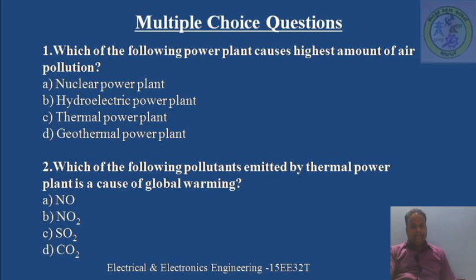Among these, which causes global warming? Nitrous oxide, nitrogen dioxide and sulfur dioxide are harmful pollutants. But carbon dioxide we call a greenhouse gas, which causes global warming. A high amount of carbon dioxide in the atmosphere causes global warming.